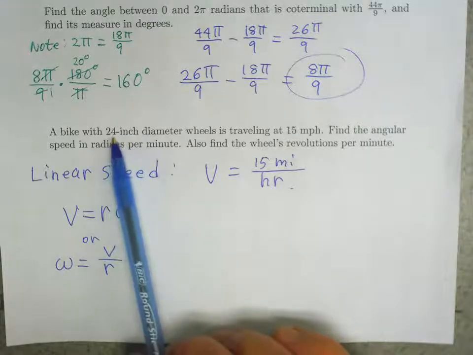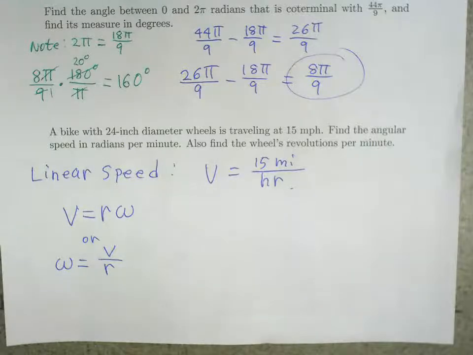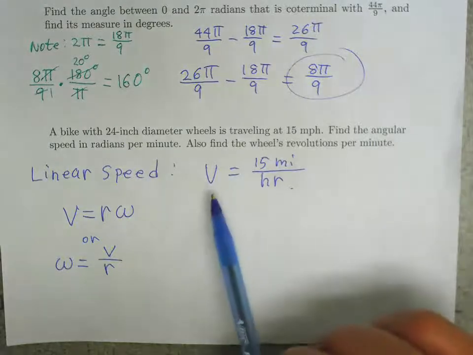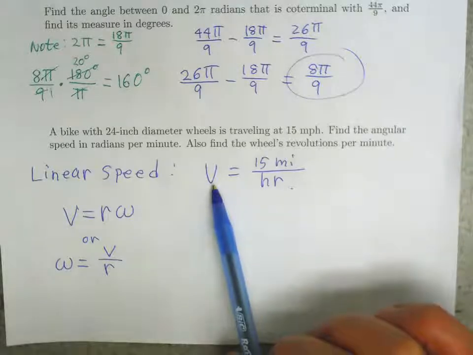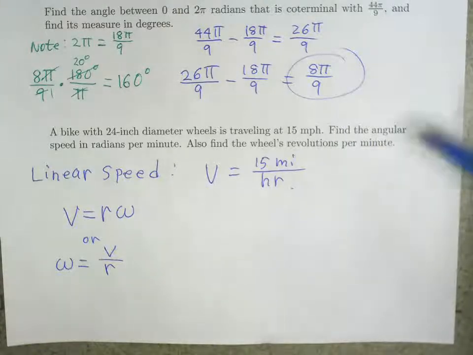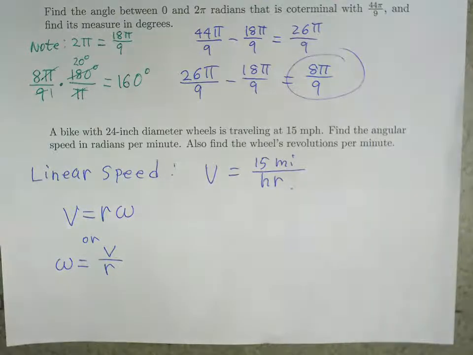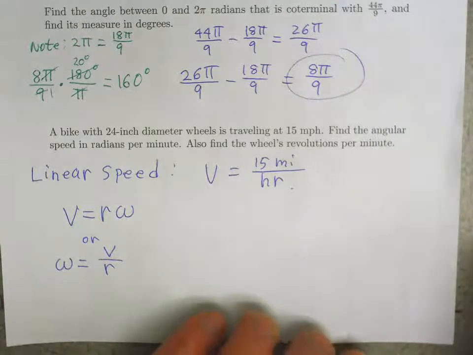Since the diameter is 24 inches, the radius is 12 inches. So what that means is we want to find what the linear speed is in inches per minute instead of miles per hour. Okay, so we can do that.